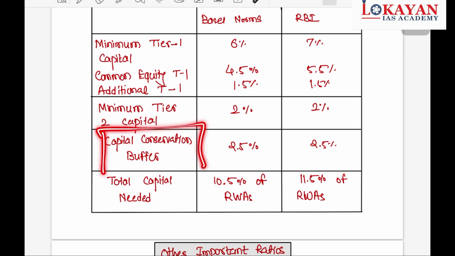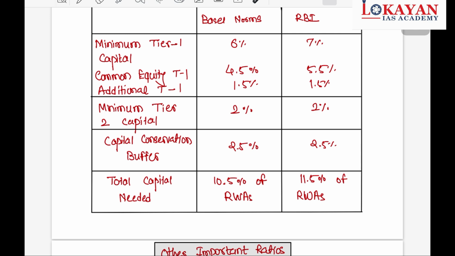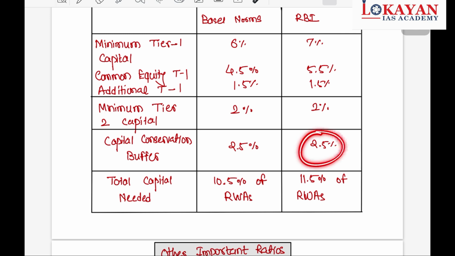Then there is a capital conservation buffer of 2.5%. And there is also another term known as the countercyclical capital buffer of 2.5%. That is not in India, but it is applicable at the global level. But that is apart. The countercyclical buffer means whenever there is a period of growth, something additional is kept aside.